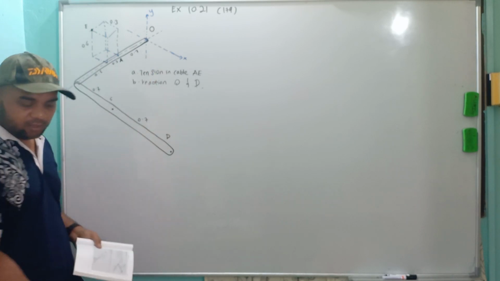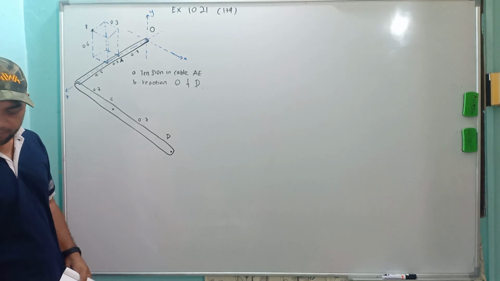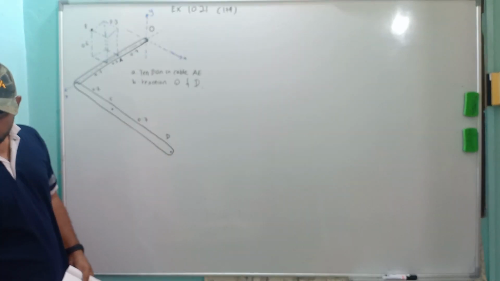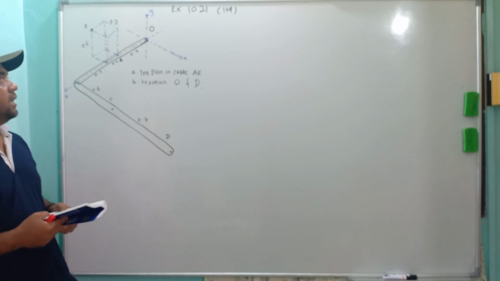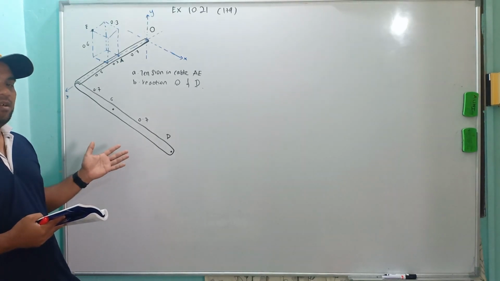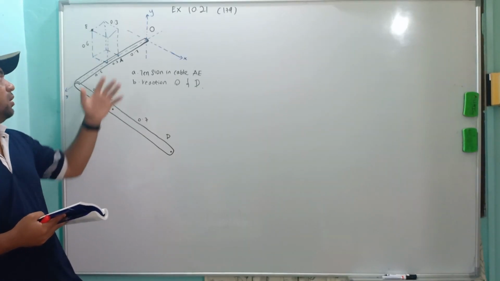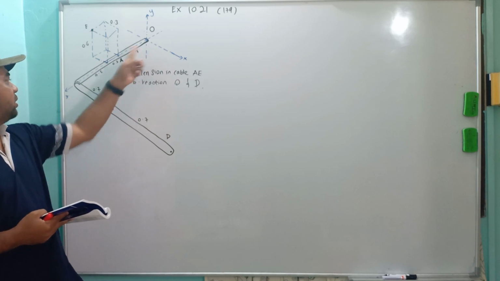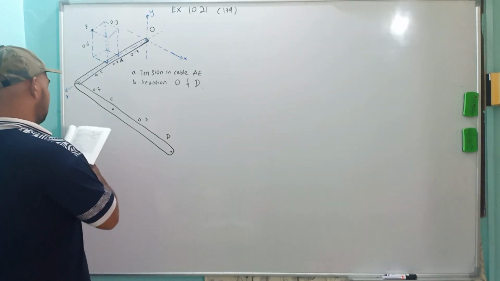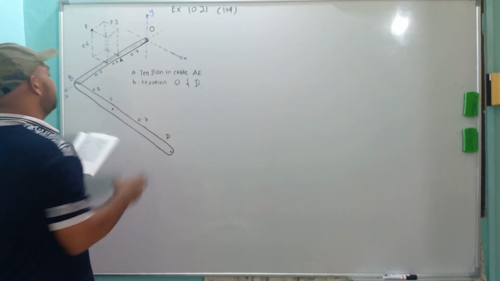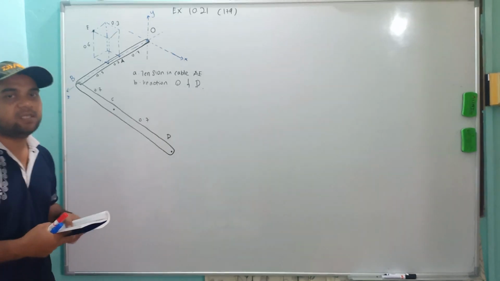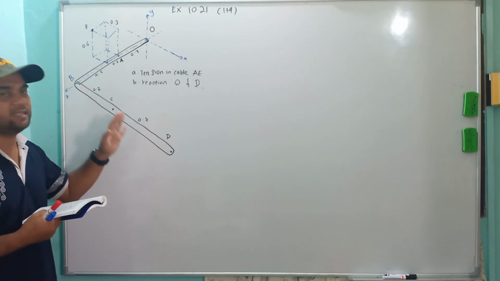First, we need to draw the free body diagram. We start as normal by checking whether anything is said about the mass of the component. Here we have component OBD, and nothing is stated about its mass, so you can ignore it.